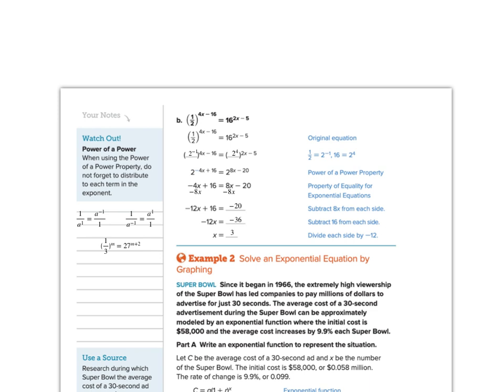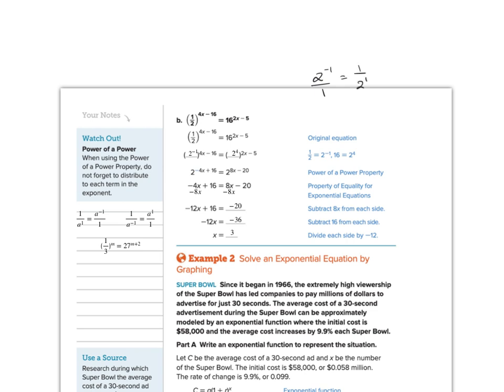Now, before I tackle this problem, I'll look over here and say, okay, what is this? I know that 2 to the negative 1 is the same thing as 1 over 2 to the first.